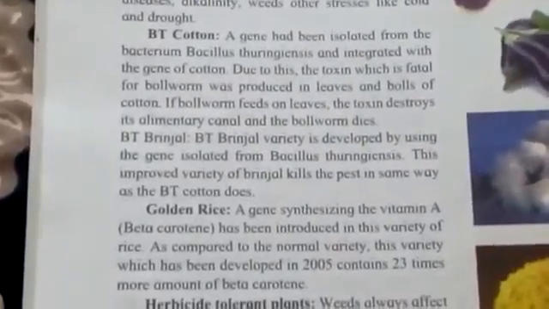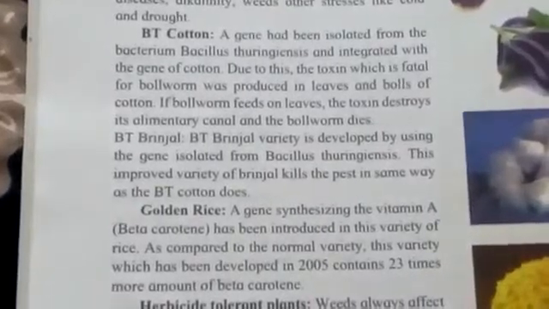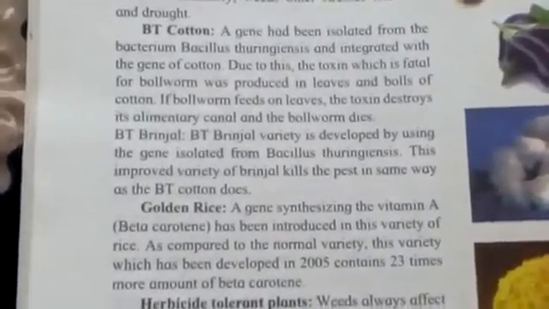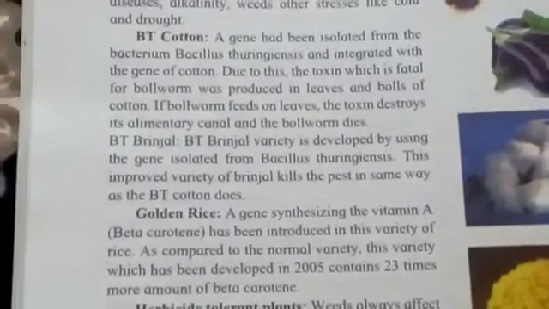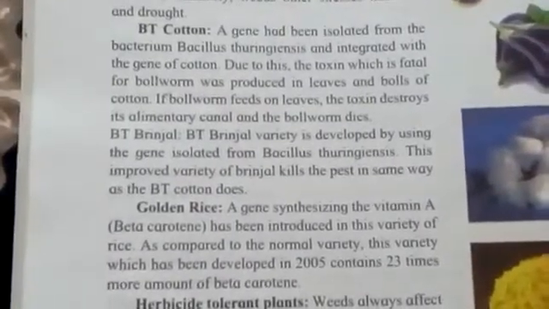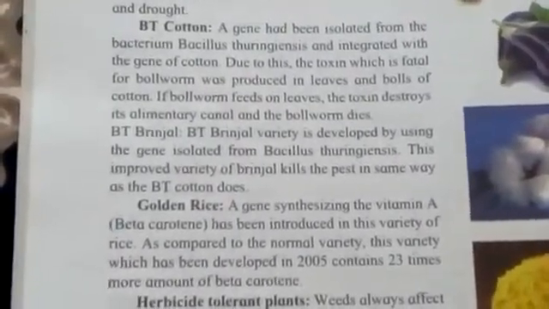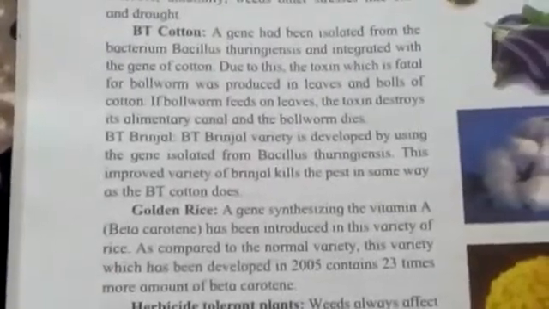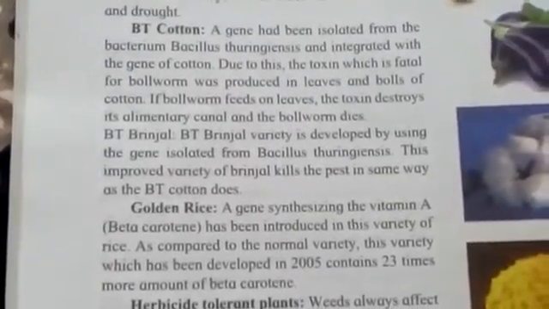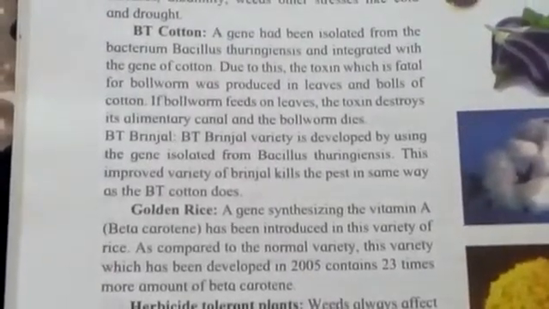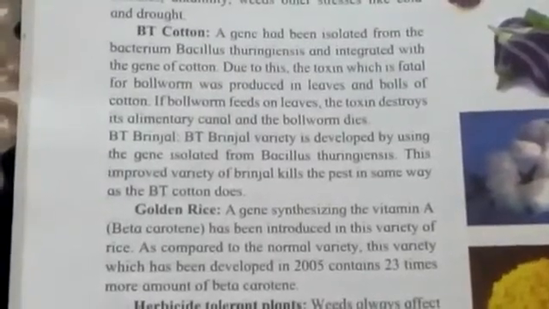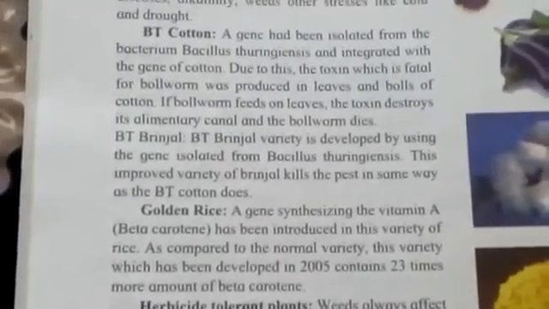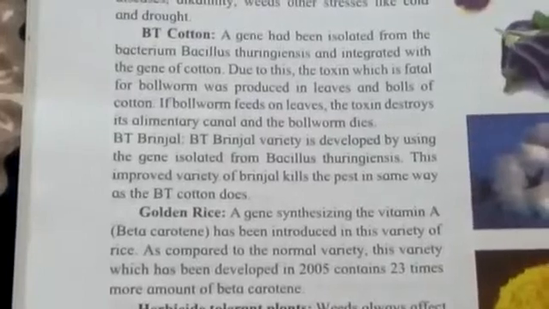Because when this bacterium Bacillus thuringiensis is introduced into the genes of cotton, it produces a toxin which is fatal. That means it is death causing to the bollworm. So when the bollworm feeds on the leaves of the cotton, this toxin will kill the bollworm because it will destroy their alimentary canal.